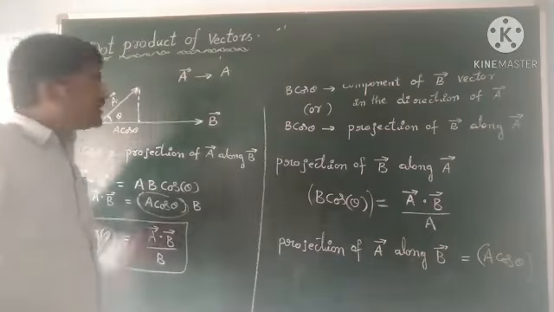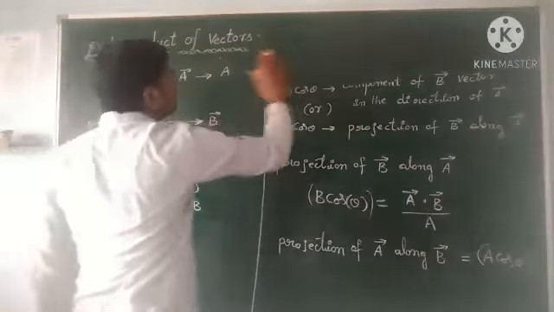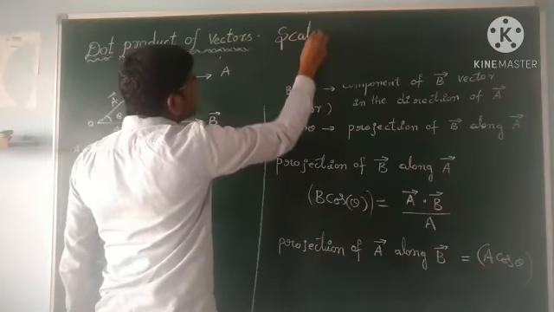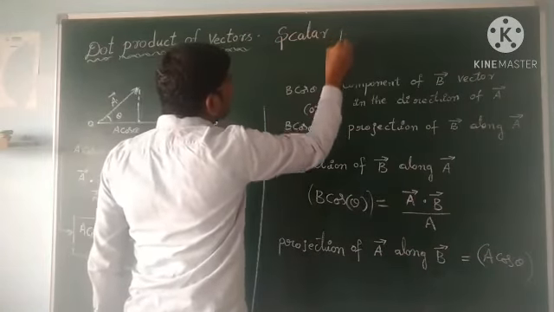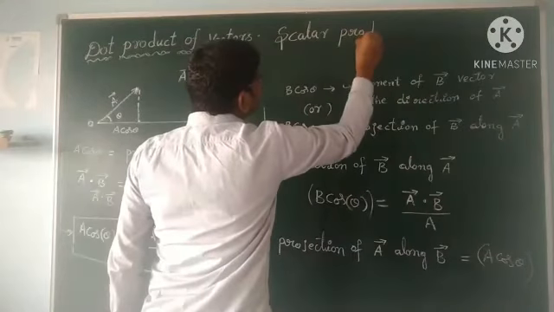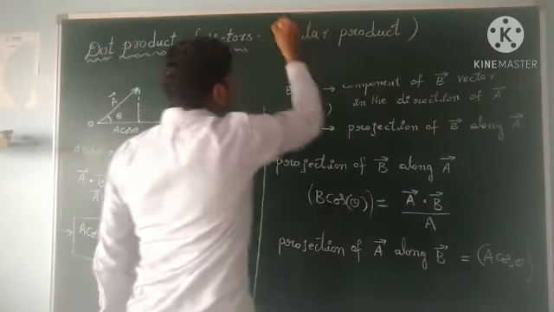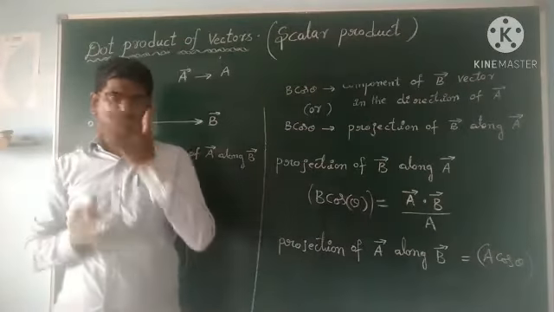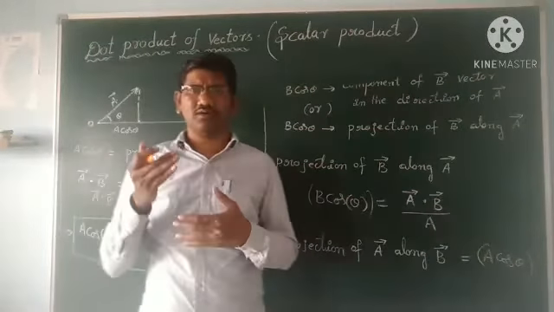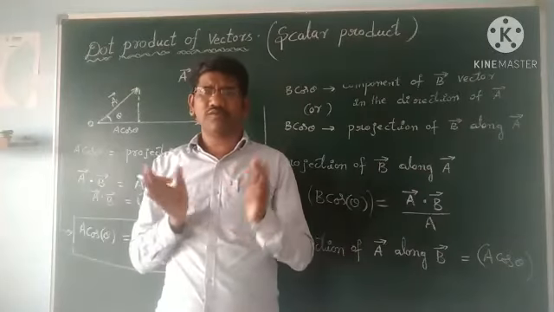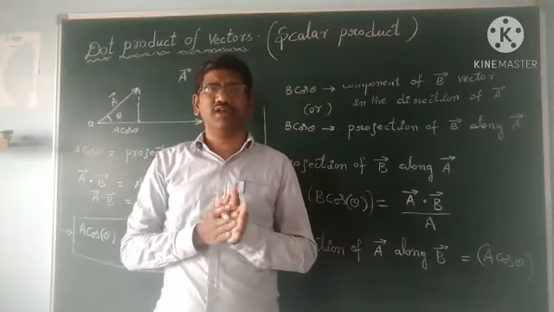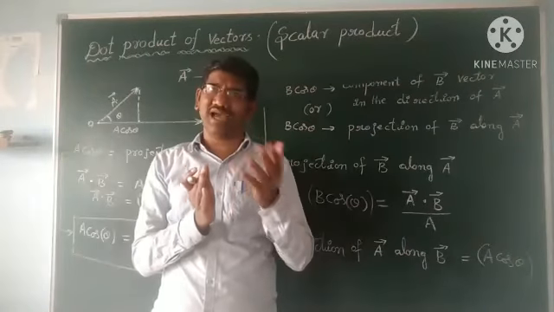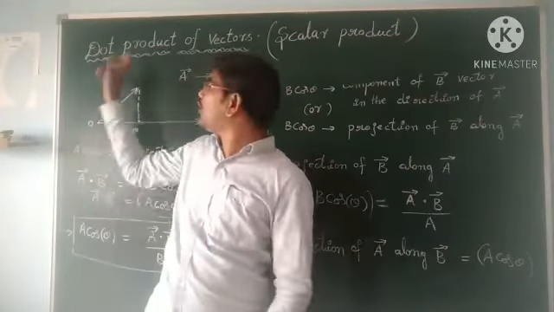The dot product is also called the scalar product. In physics, while understanding the concepts in nature, sometimes we have to multiply some physical quantities. While multiplying those physical quantities, if the product is a scalar quantity, then it is called dot product.